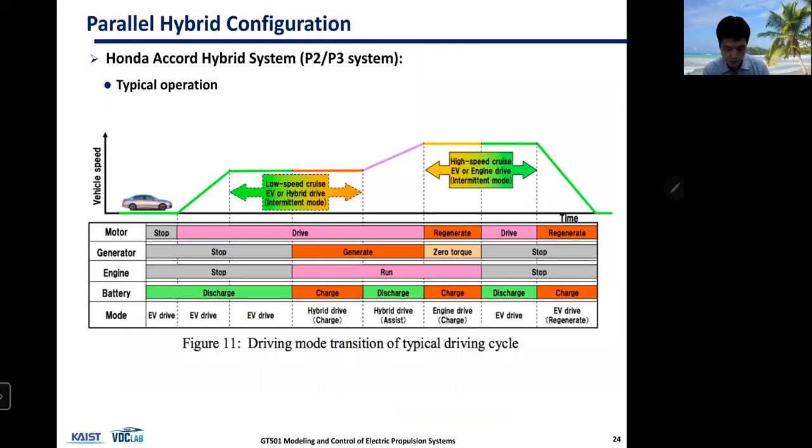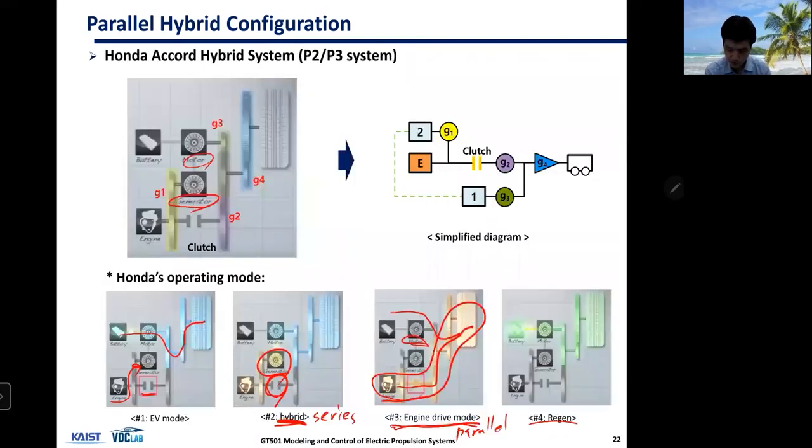The way this Honda hybrid system is, it's a multi-mode, series parallel multi-mode system. And this, oh, by the way, the disadvantage of this is you do need a relatively large generator and motor.